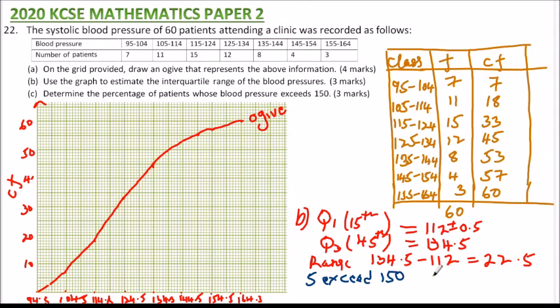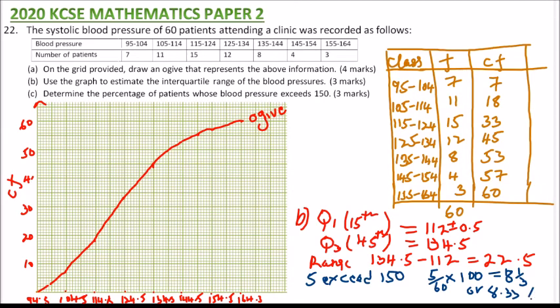So to get that percentage, we say it is 5 out of the total, and you multiply by 100. That will give us the percentage, which using a calculator you will find is 8 1/3, or 8.33%.